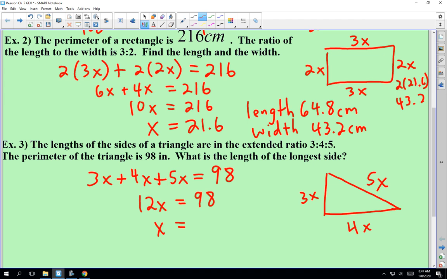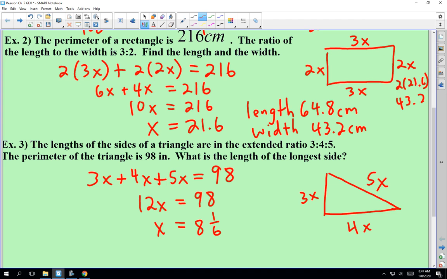You can actually get a fraction for that, but it ends up being 8 and 1/6. That's what that 0.166 is. It's just 1/6. You could probably round that to 8.2. That would probably be okay.